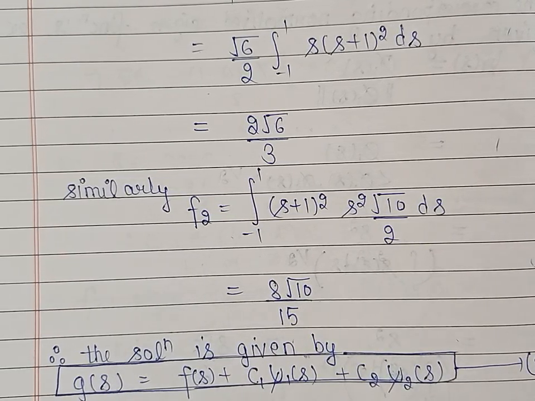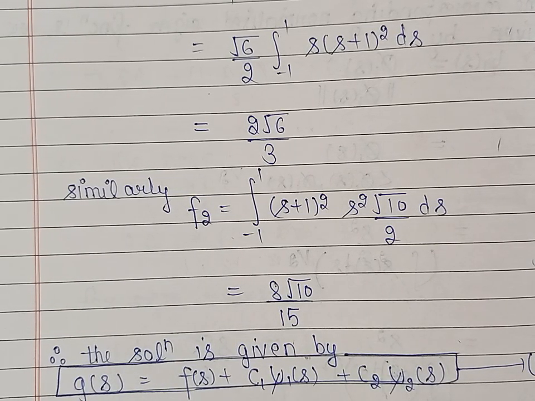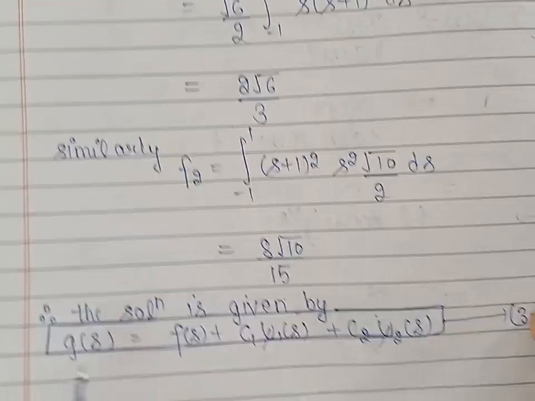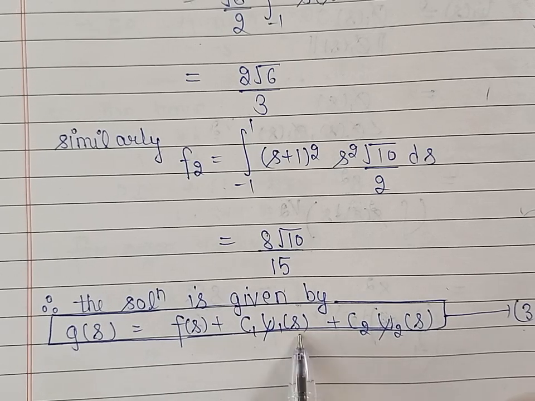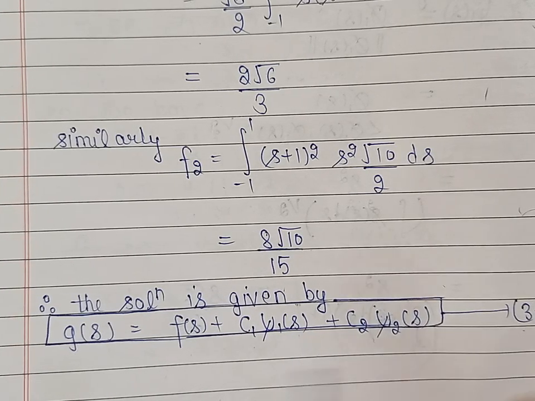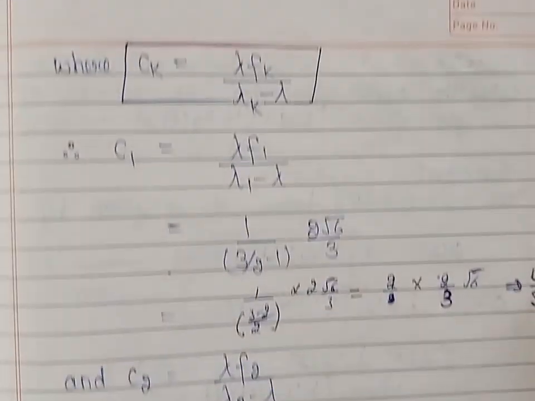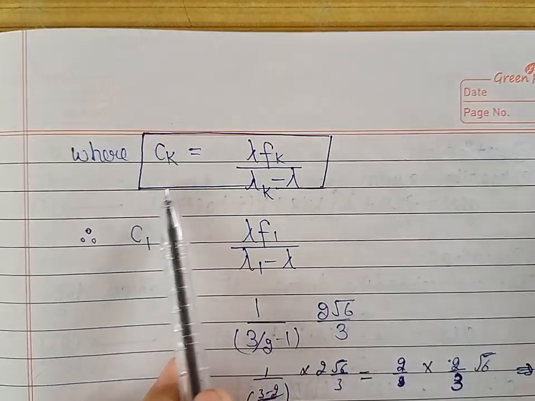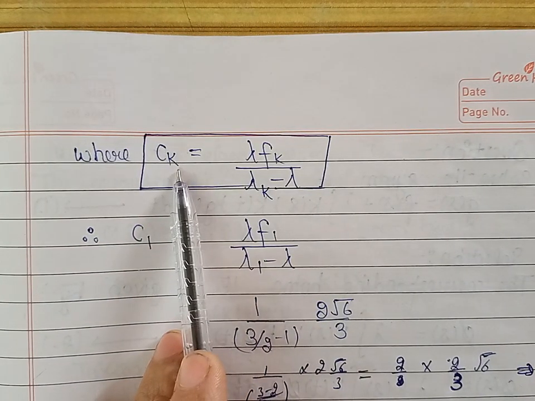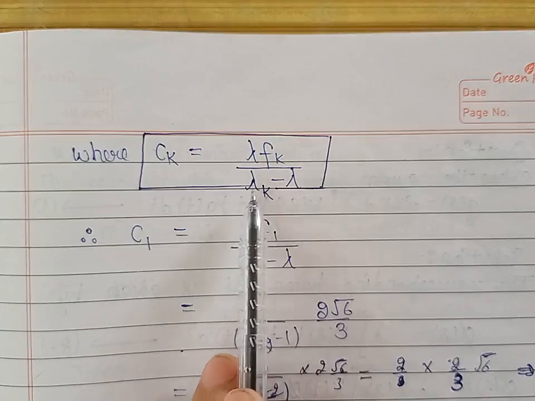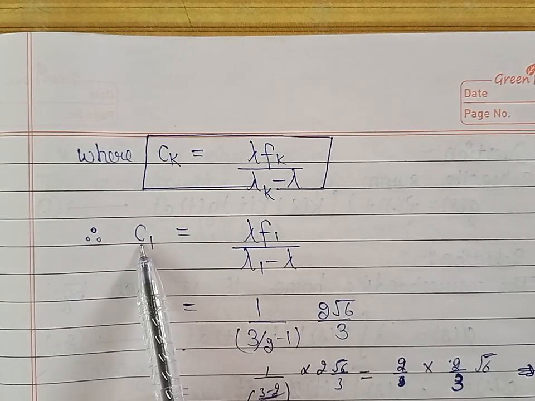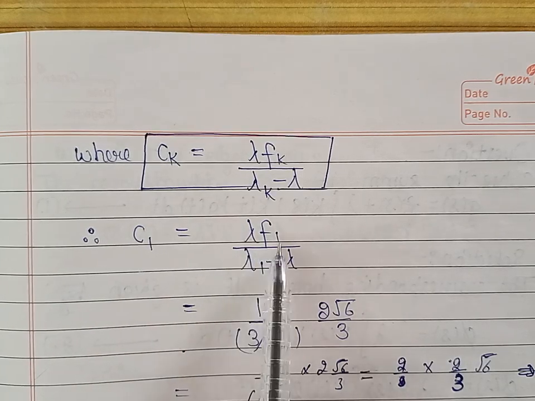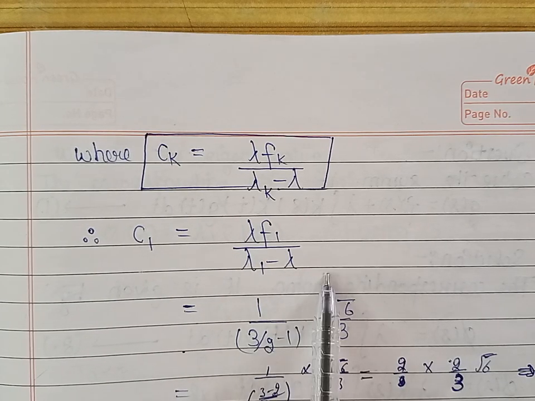Now we can substitute all these values in the solution as we already discussed, which is given by g is equal to f s plus c1 into psi 1 plus c2 into psi 2. Now what are c1 and c2? According to the method as we already discussed, ck is given by lambda fk divided by lambda k minus lambda. So for k equal to 1, this becomes c1, which is lambda f1 upon lambda 1 minus lambda.